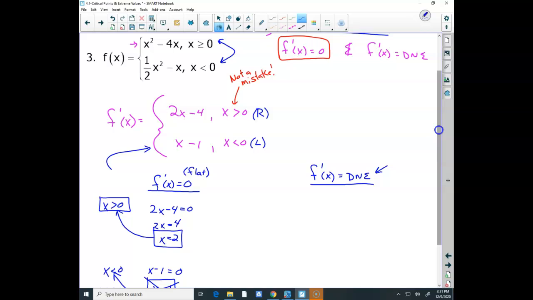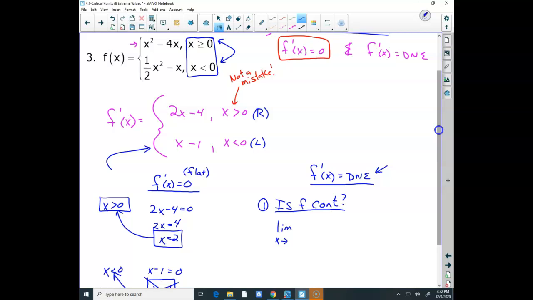Well, remember, rule number one is: is f continuous? And to find out if a function's continuous, I need to know the limit as x approaches, and in this case, here is my only potential for a discontinuity, because both sides are parabolas, so they're continuous everywhere within their domain.